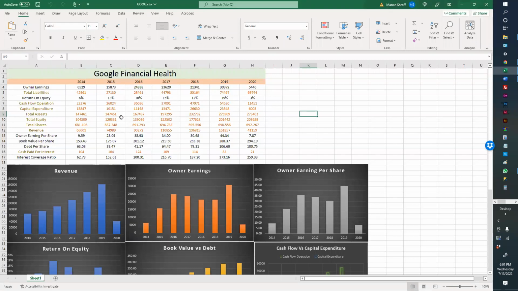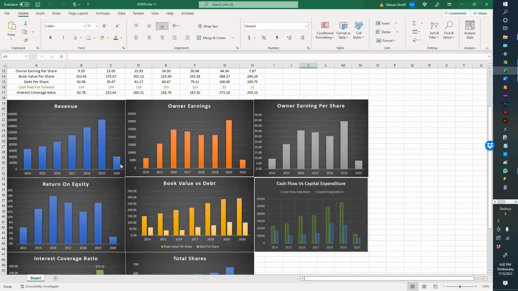So what I do is, if you see Google Financial Health, I'm owning Google from 2014. So I made a chart here, and in 2020, it was only half a quarter or something like that.